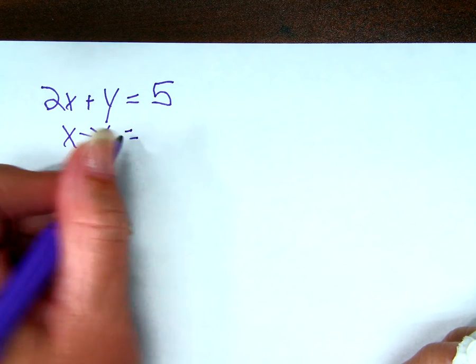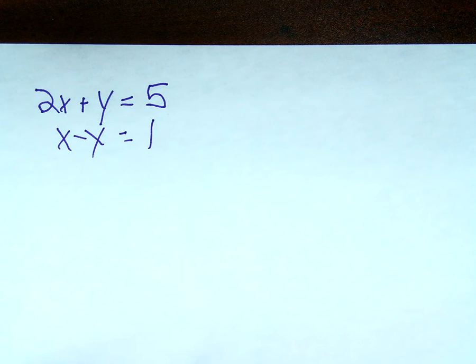This particular problem is pretty easy because when we solve by elimination, what we want to do is eliminate a variable. We have become variable assassins.